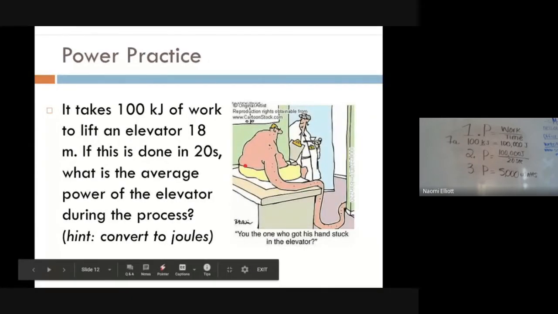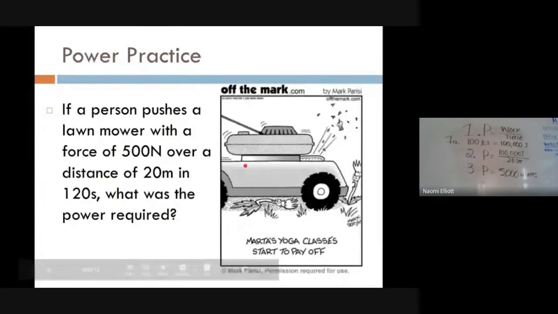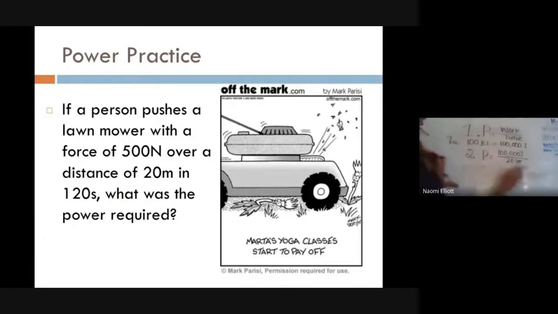Okay. All right, and our last practice problem for today. If a person pushes a lawnmower with a force of 500 newtons over a distance of 20 meters in 120 seconds, what is the power?